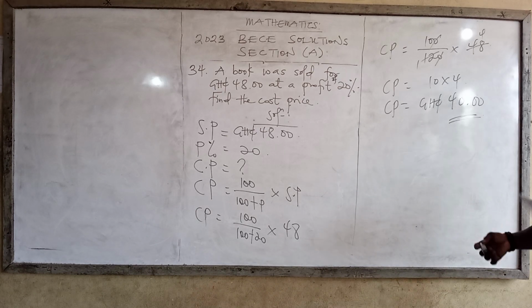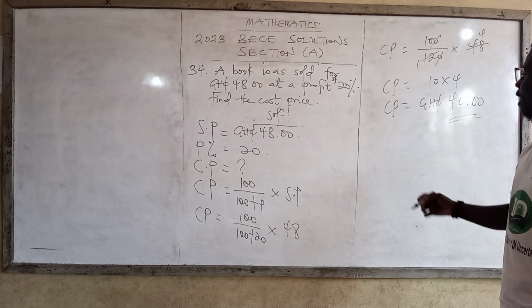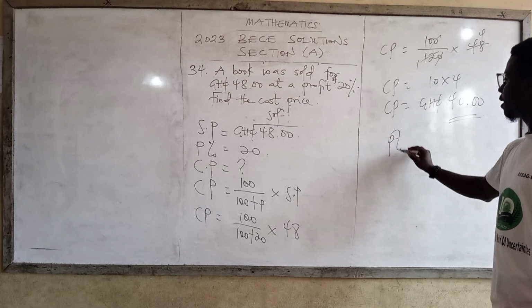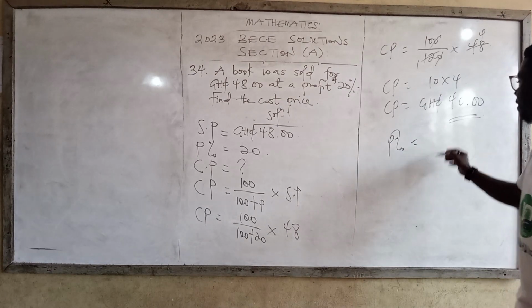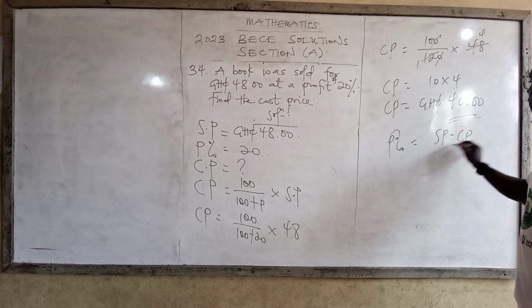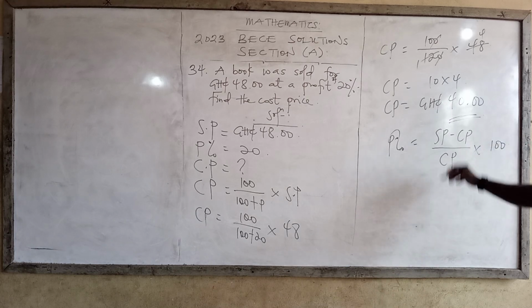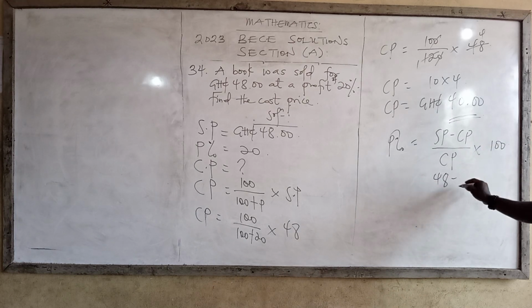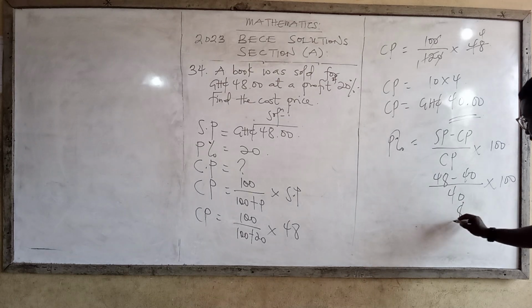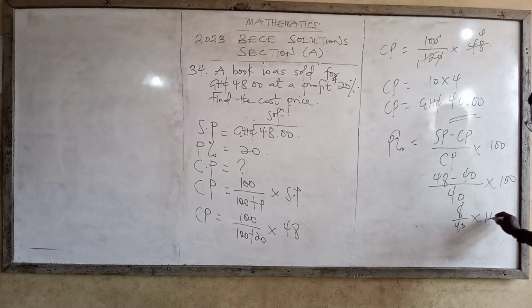If you want to verify whether your answer is correct, you can calculate the profit percent. And how do you calculate profit percent? Selling price minus cost price, divided by the cost price, times 100. Selling price is 48 minus 40, all over cost price 40, times 100. 48 minus 40 obtains 8 over 40 times 100.